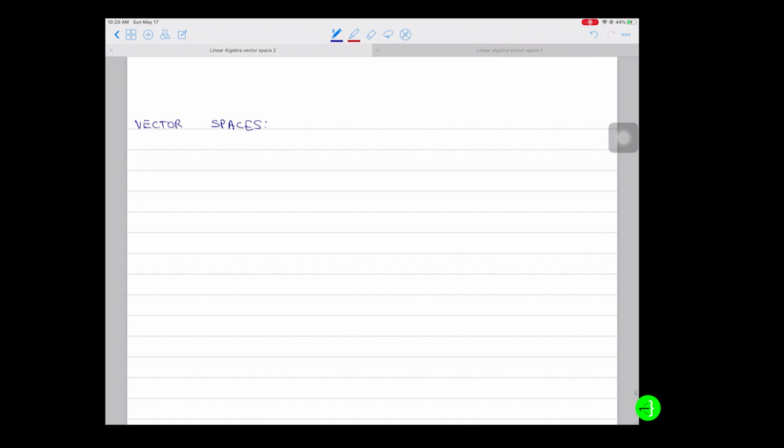So what is a vector space? A vector space is a set V such that it is closed, and here the term closed is really important, closed under finite addition and scalar multiplication.